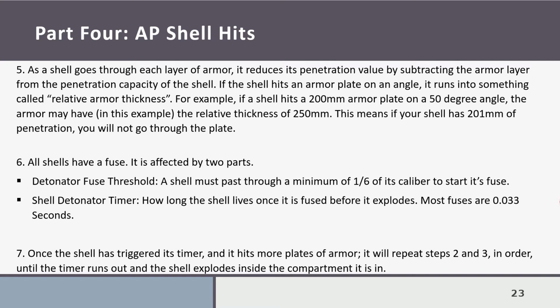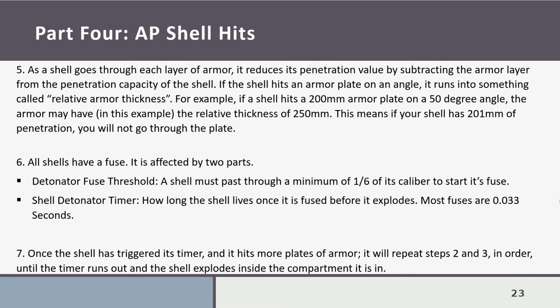If you hit the horizontal into the vertical plate, your 201 millimeter penetration would go through the 200 millimeter plate, and the shell would arm and explode in the compartment.